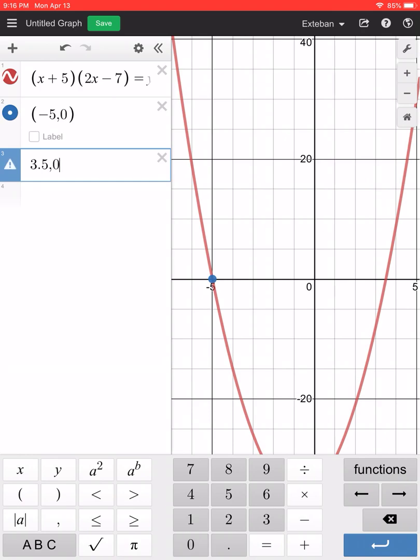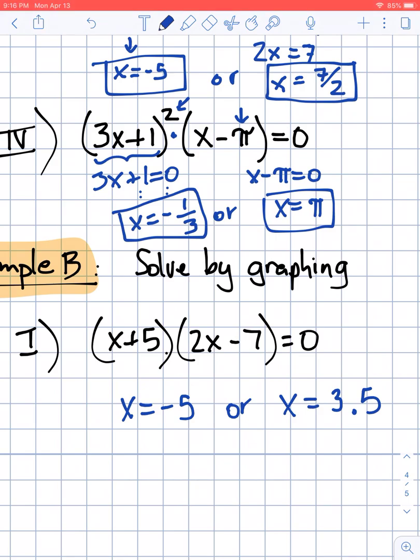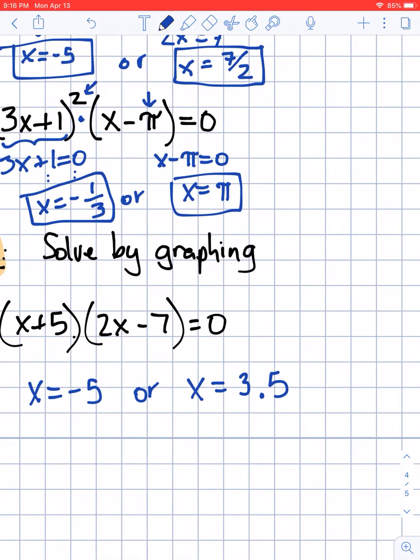Those x-intercepts are the solutions, and they always will be the solutions. So let's write in our notes: you solve it by graphing. Again, you can say something like go to Desmos and look for x-intercepts.